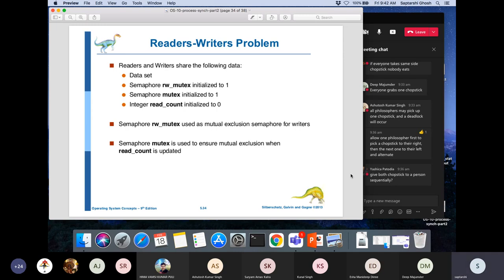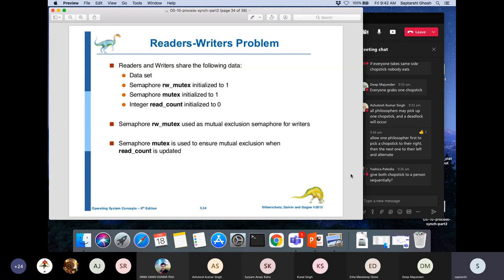So RW mutex is specifically used as the mutual exclusion semaphore for writers. Right. So understand this, that actually readers do not need to mutually exclusively access the dataset because multiple readers can be allowed to simultaneously read.